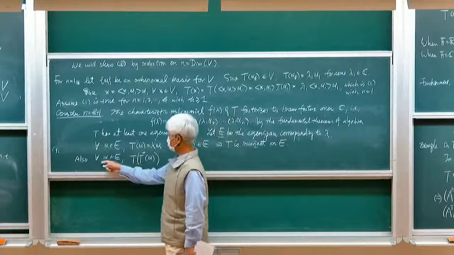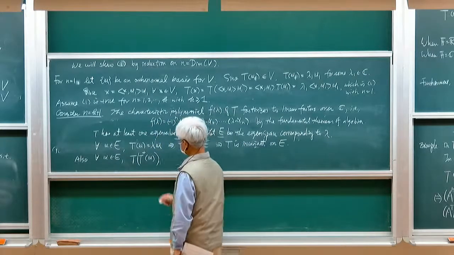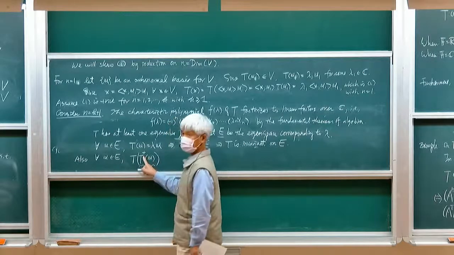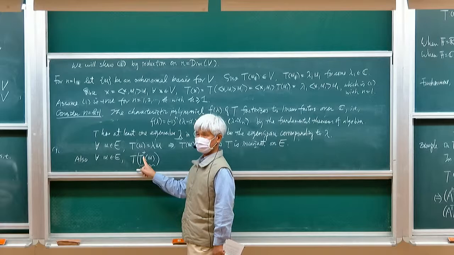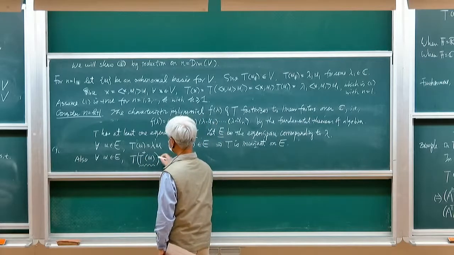Again, we check for all u in E, and we want to know what the image of u under T dagger is.